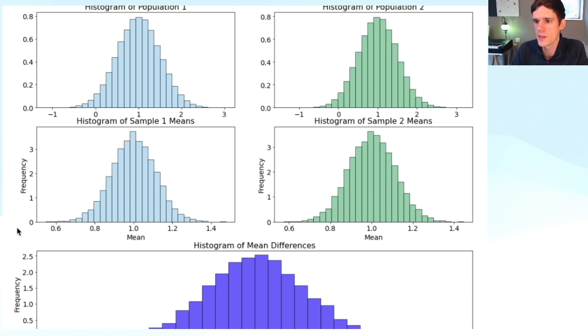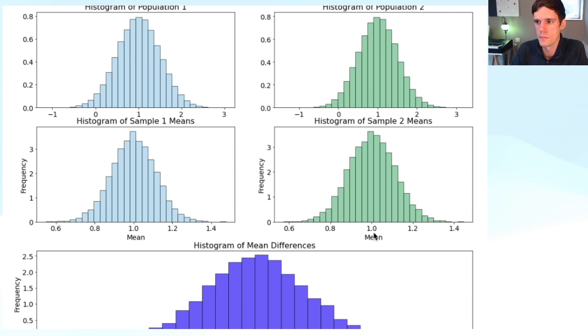And the central limit theorem says that these distributions of means will also be normal distributions. And they are also identical between the two samples. Here it is centered around 1, the population mean, and it goes roughly from 0.6 to 1.4. And the same is true for sample 2.